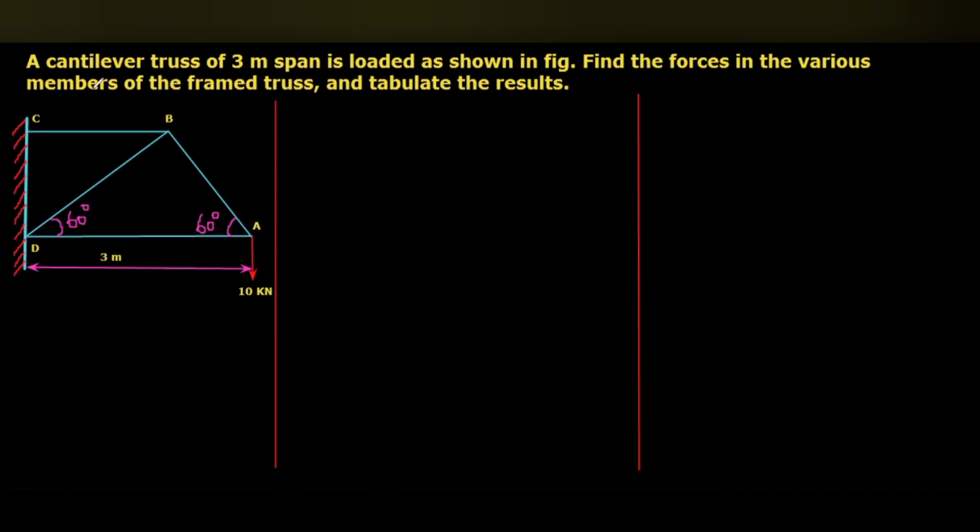The difference between cantilever and simply supported frames is the reaction force. Here you can see this is not supported at the ends. That means there is no supported end, so there are no reactions. Then there is no reaction calculation also.